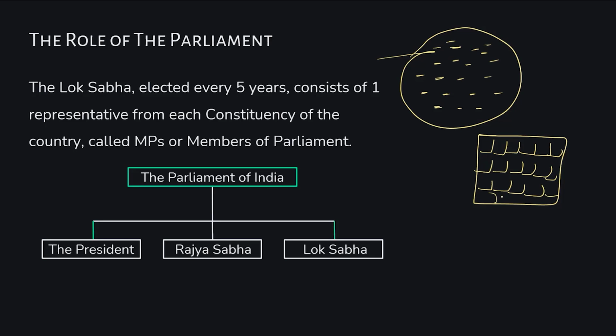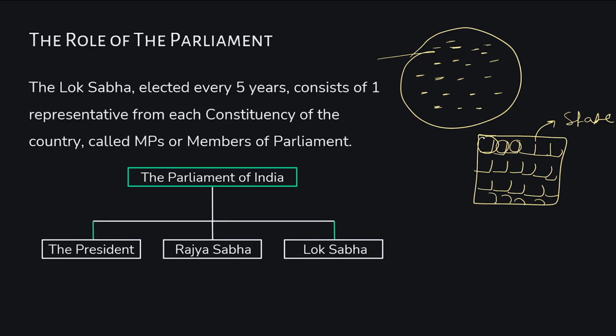This is the entire state, Maharashtra, which has been divided into 20 seats. Each is a small region. In the same manner in which constituencies were divided in the election of MLAs, there are 20 seats, which means 20 constituencies.